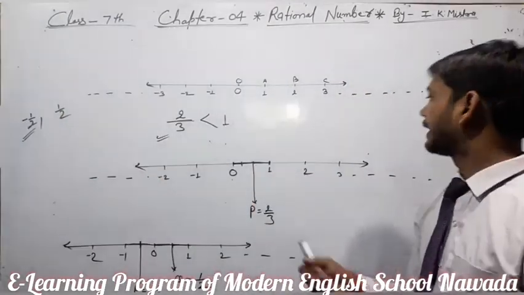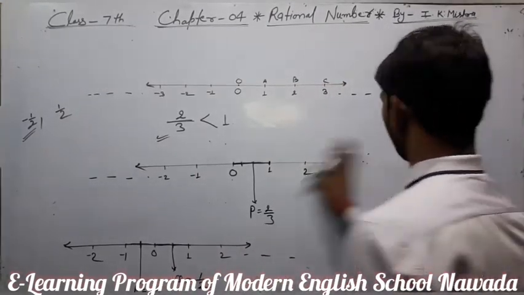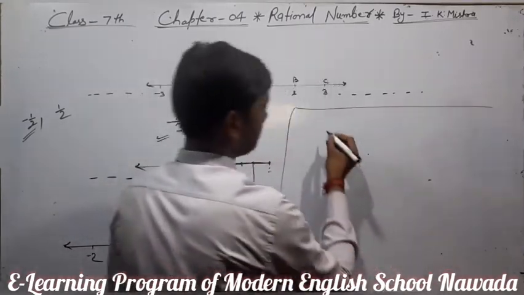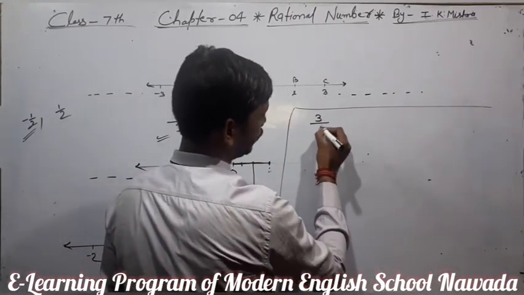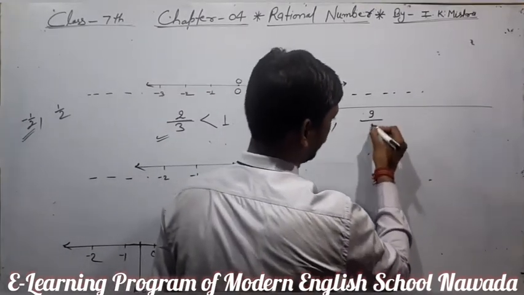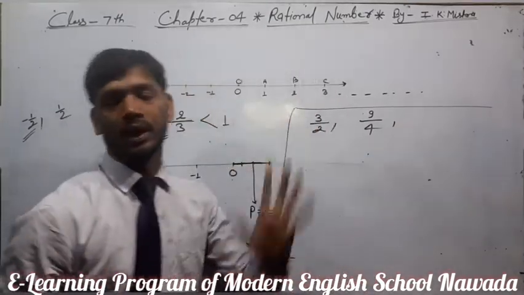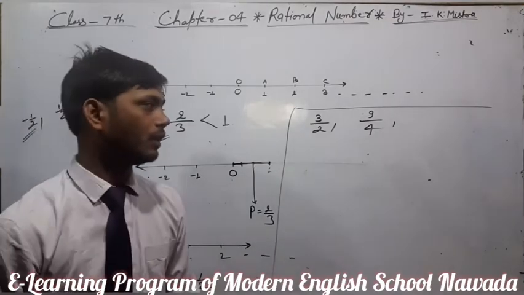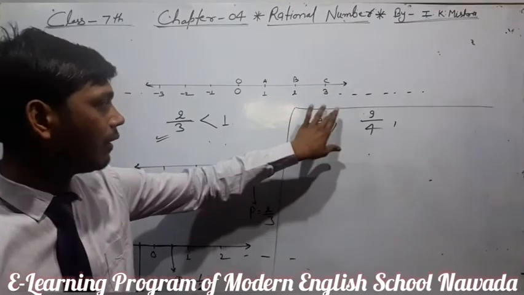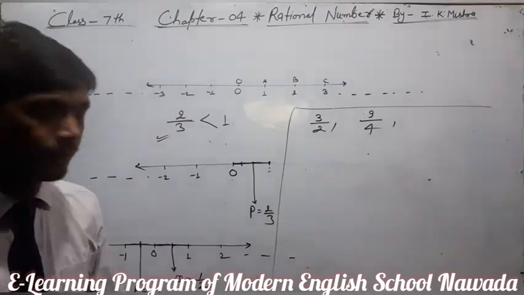Suppose another example: you have to represent 3 by 2 and 9 by 4 on a number line. First of all, identify which two integers each rational number lies between.